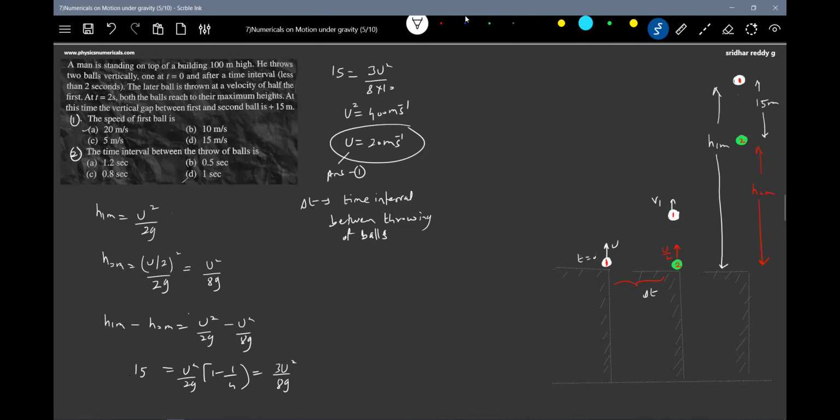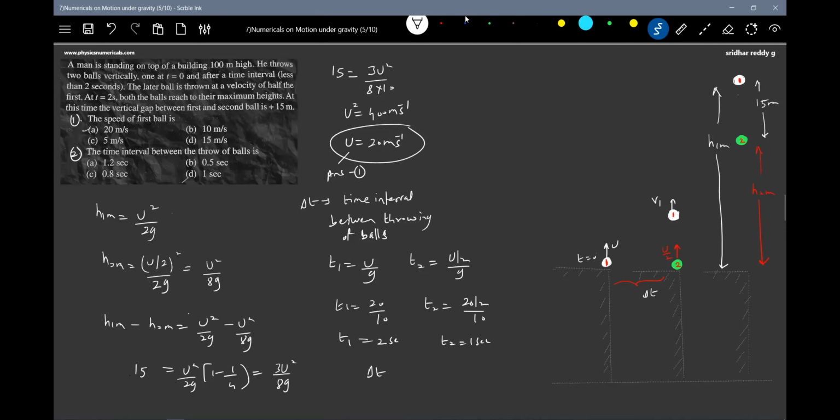How to calculate that? What is the time of ascent of the first ball? U by G. That of the second ball, only time of ascents. And we know velocities. So velocity is how much? 20 by 10. This will be 2 seconds. This will be 1 second.